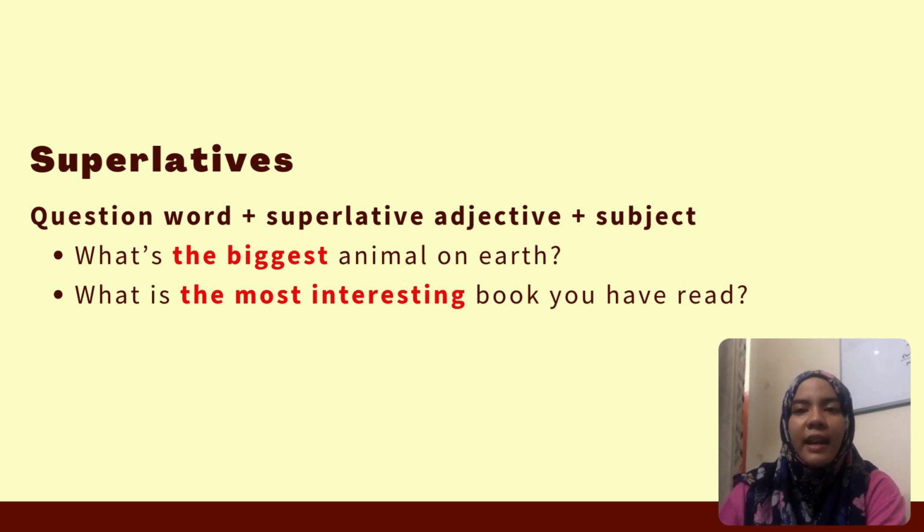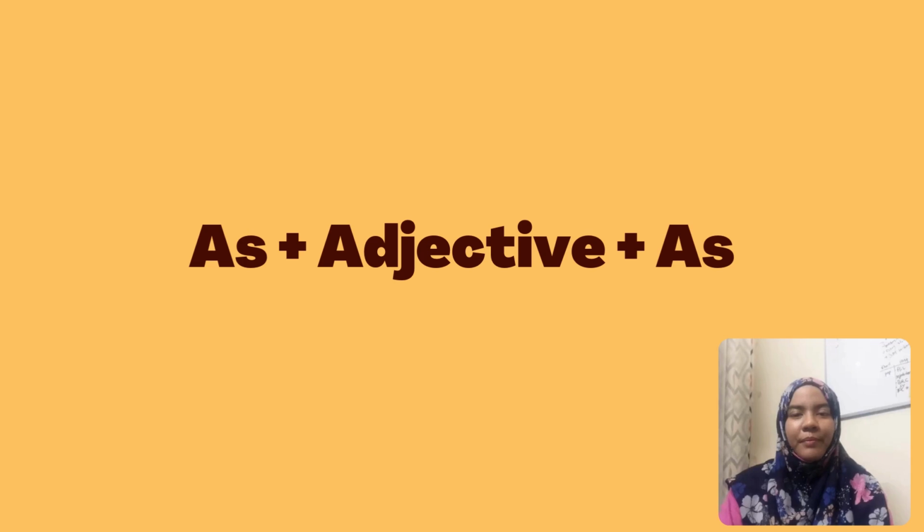And the second example is what is the most interesting book you have ever read? So, also don't forget to add question mark at the end of the sentence, as it is an interrogative sentence. I hope everyone can understand how we can form question using both comparative and superlative.